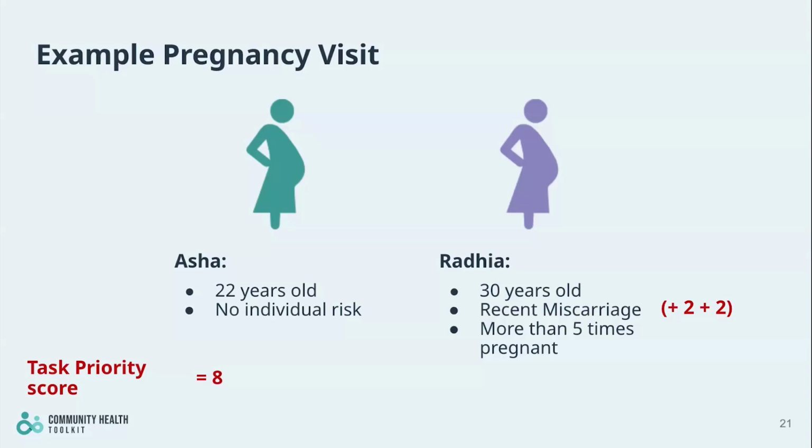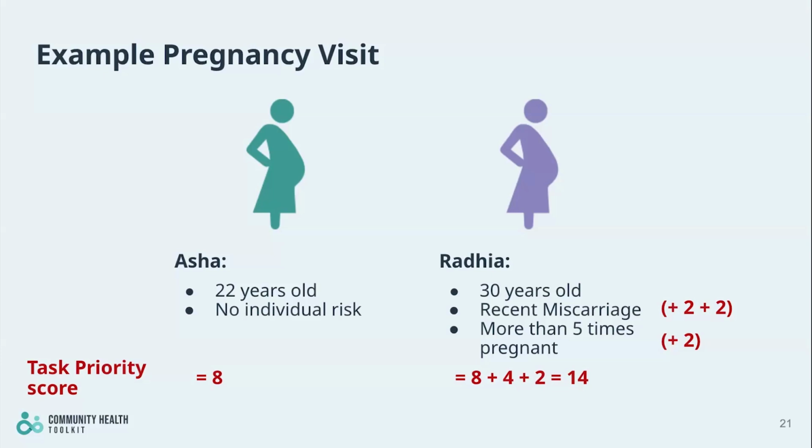And if you continue 2 times further, also that she has been pregnant more than 5 times would add onto that. All of these numbers, of course, are changeable. These are custom now in our case. So all of this would give Radia a score of 14. Clearly now you see that Radia would be above Asha, indicating that she should be treated first.